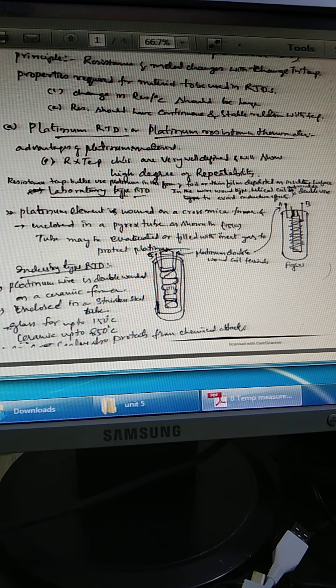Its terminals are brought outside, and it is enclosed in a glass envelope, or it may be a steel envelope. If glass is used, it can be used up to 150 degrees centigrade. If steel is used as the enclosure, then we can use up to 850 degrees centigrade.